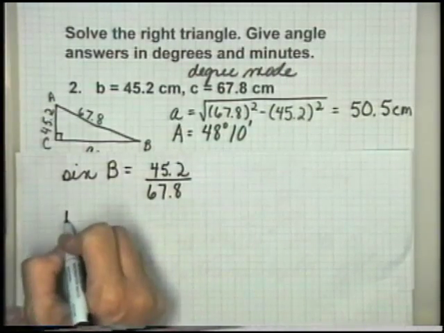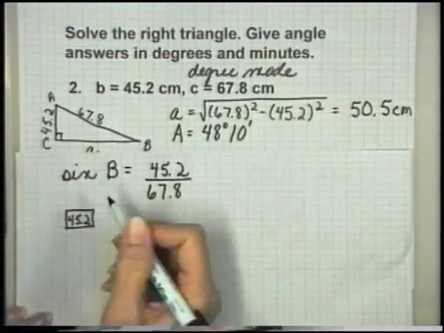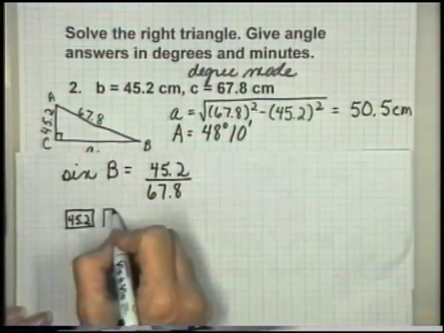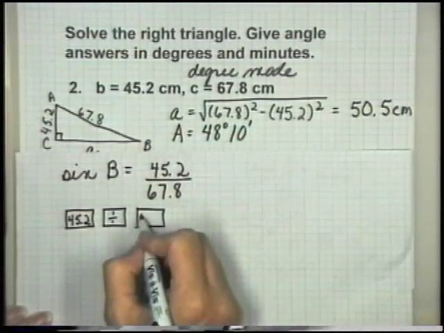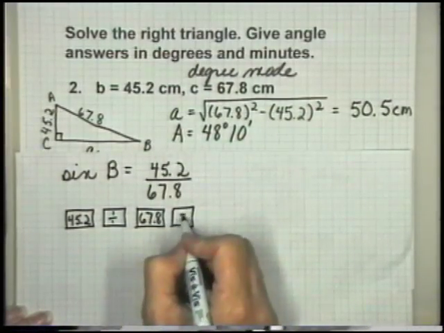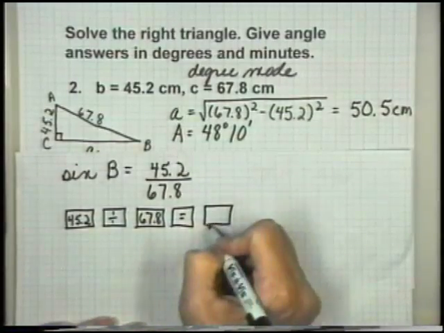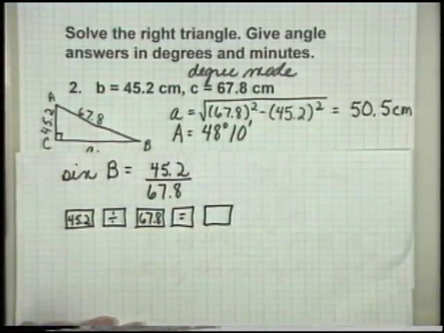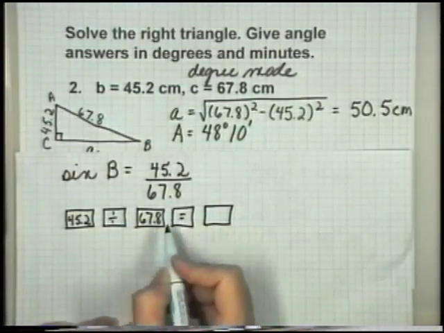And I'll find angle B using a scientific calculator by inputting the 45.2 divided by 67.8, push equals to divide, and then to find the angle that has a sine that is equal to this number.